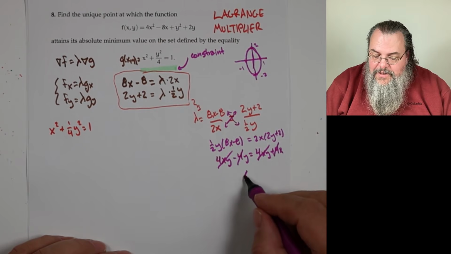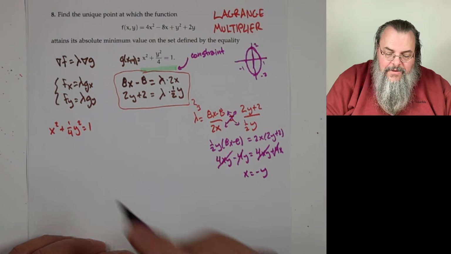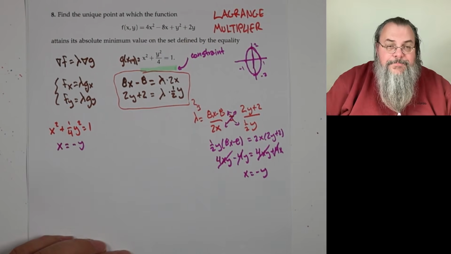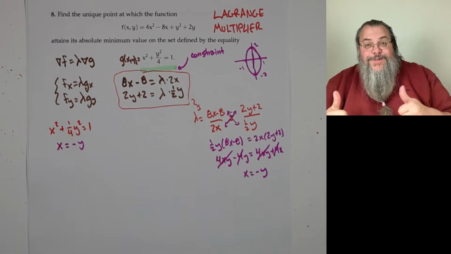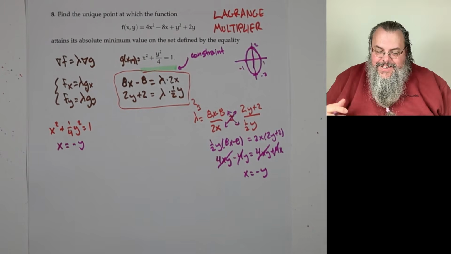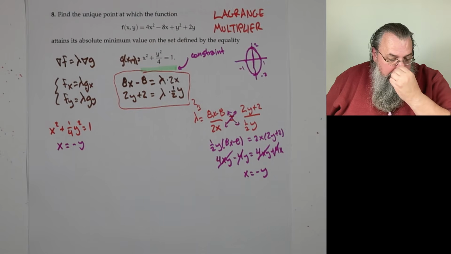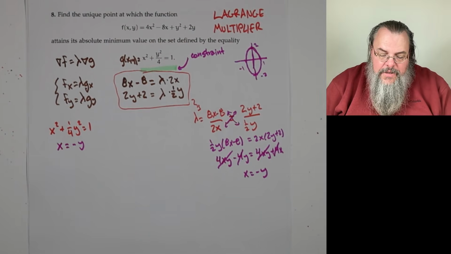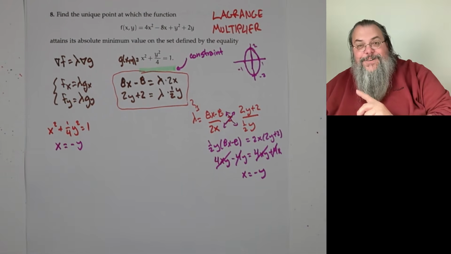And we get this equation, x equals minus y. So that is our second equation. So now we're like, cool, 2 equations and 2 unknowns. And we solve. Not too bad at all, actually, because that second equation can quickly get us down to 1 equation, 1 unknown.